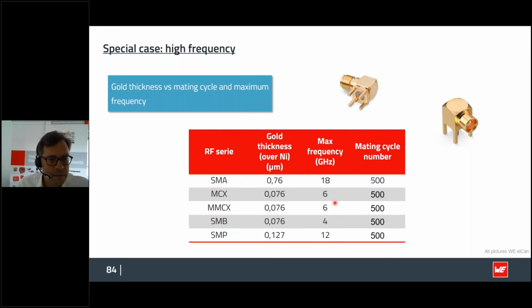MCX, MMCX, SMB connectors, are much lower. But also the gold plating thickness is lower, and the reason for that we will see in a short while. By the way, SMP also has a higher gold plating thickness and also a higher frequency that it is designed for.